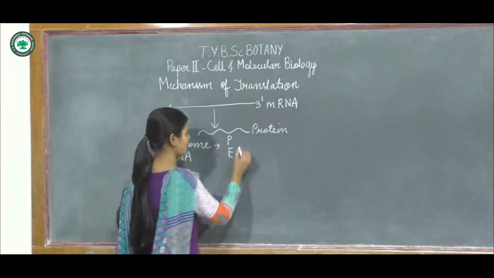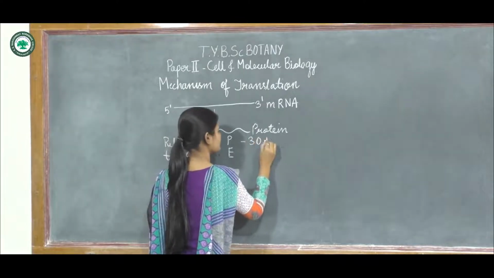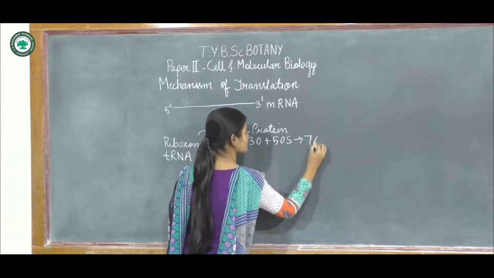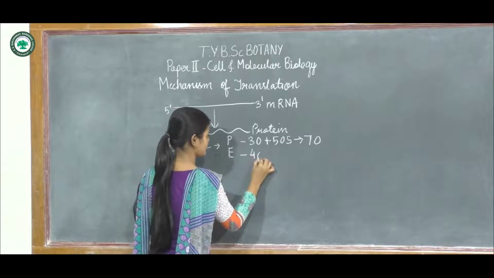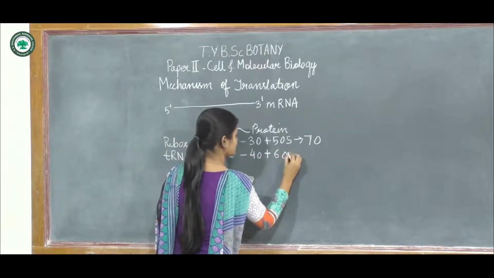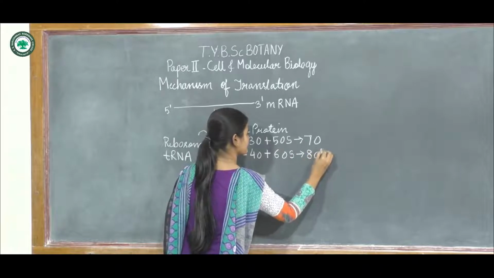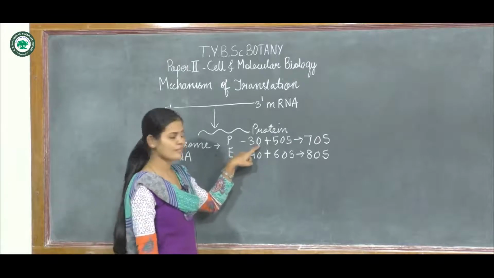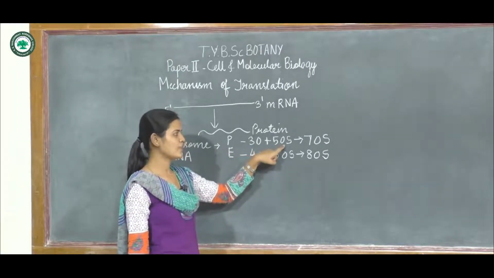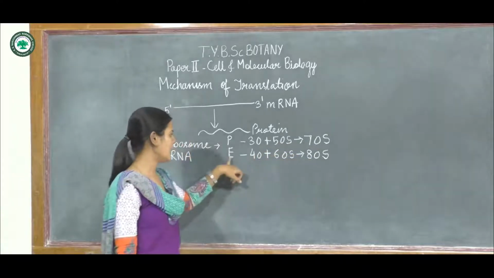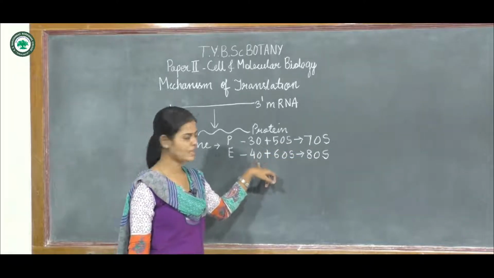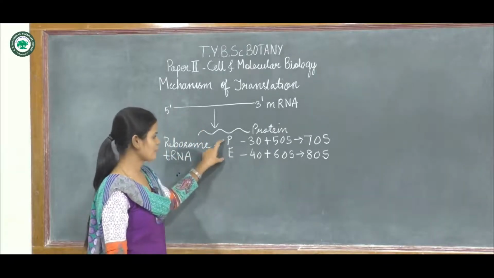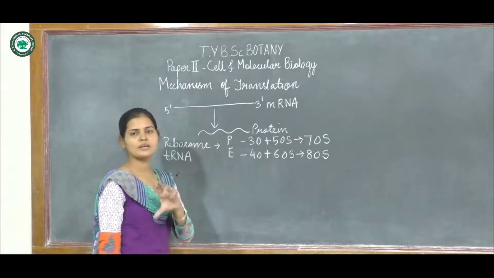In case of the prokaryote, the small unit is 30S plus 50S the large subunit, that makes 70S, and in case of eukaryote it is 80S, that is 40S smaller and 60S larger subunit. So the two subunits make a ribosome.